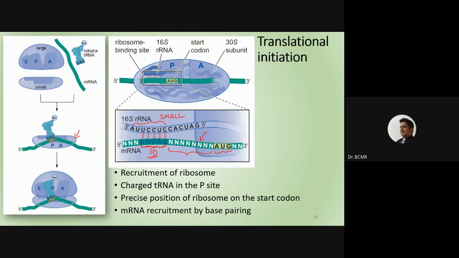And we also spoke about the initiator tRNA. It is special. It is loaded with an amino acid that is formylated, N-formyl methionine, right? You say N because the formyl group is on the amino group, and that is the first amino acid that will be added. This is the initiator tRNA that is special, which initiates the translation.